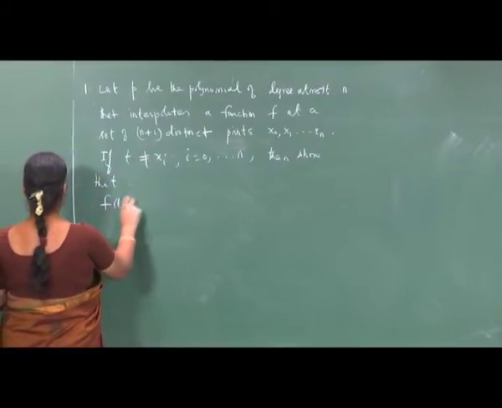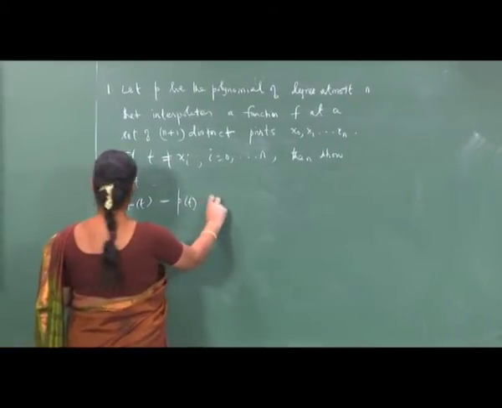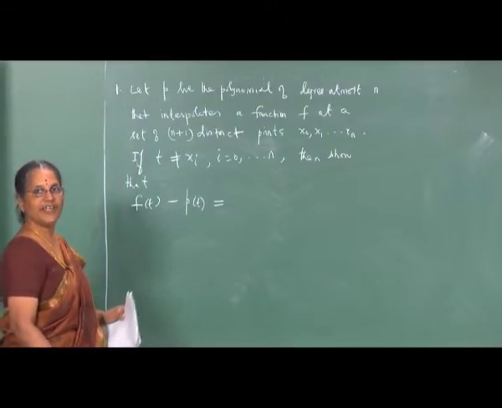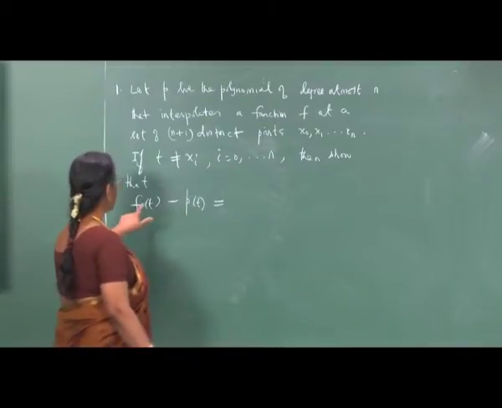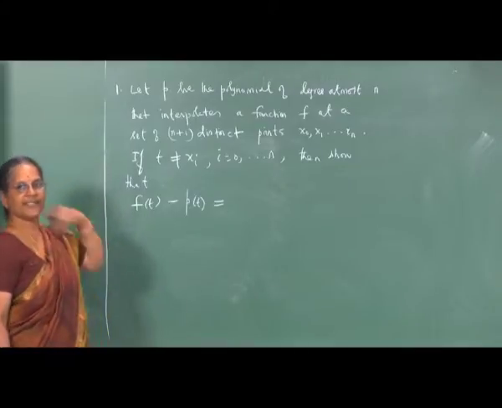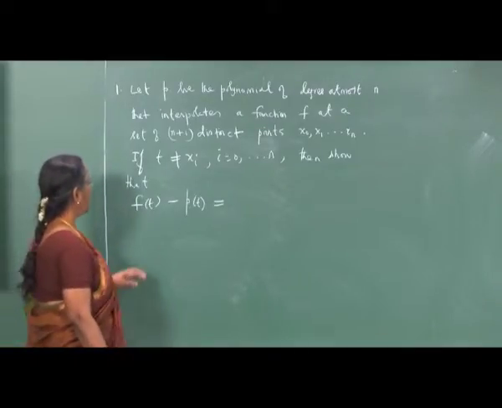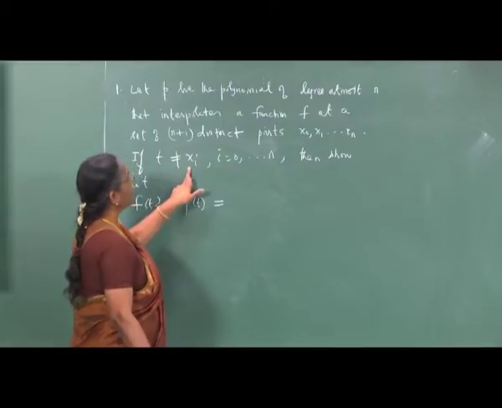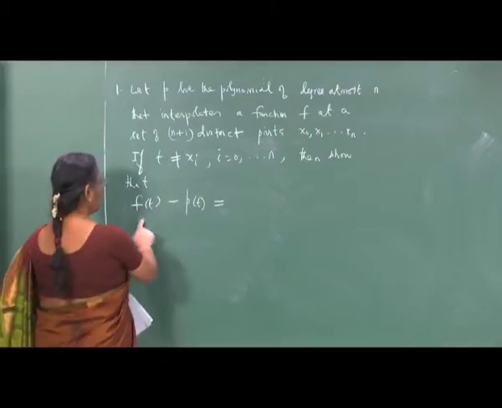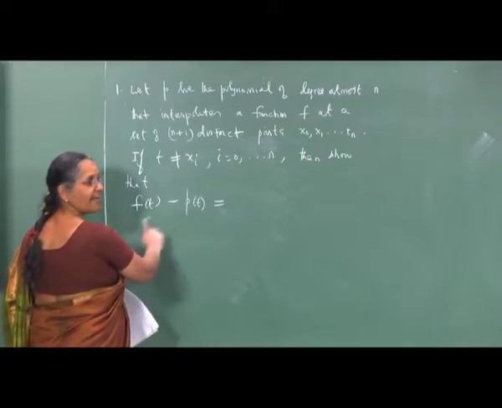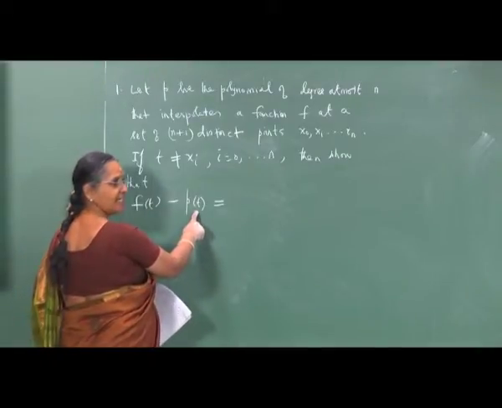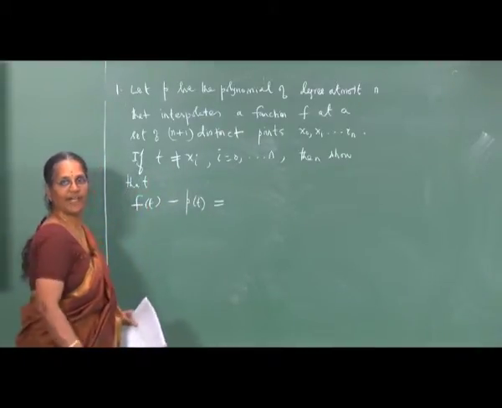f of t minus p of t. So, what is f of t minus p of t? P of t interpolates the function at a set of discrete points which are distinct, namely x0, x1, etc., xn, and t is any point in that interval which is different from these xi. So, f of t minus p of t gives you the error in the approximation of f of t by p of t at the point t in that interval.